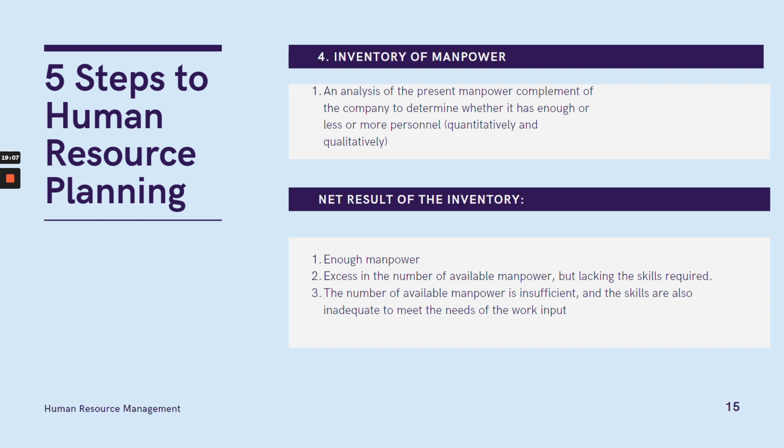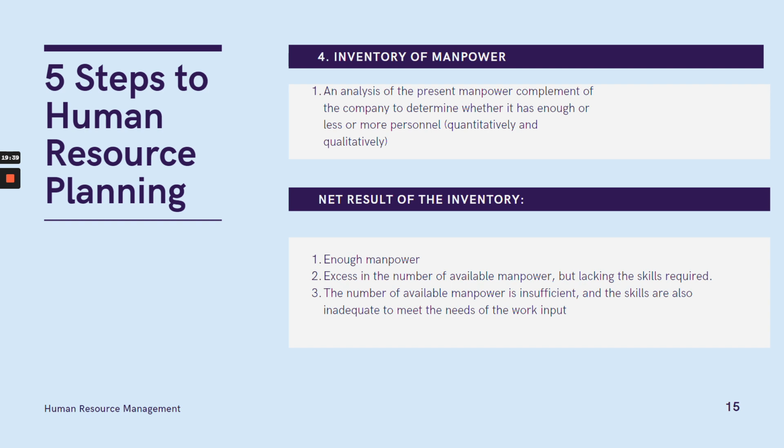Okay? So unsa may resulta ani if you are doing inventory of manpower. One is makita nimo if there is enough manpower. Makita na ka, naaday ko enough, so dili na day kinahanglan. Or makita nimo there's an excess in the number of available manpower but lacking the skills required. So daghan ko employee pero kulang ang ilang skills. So diha makapagplano na ka, okay, di na ako mag-hire og bag-o, kinahanglan na lang nako nilang i-train.